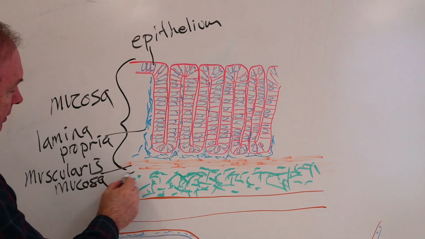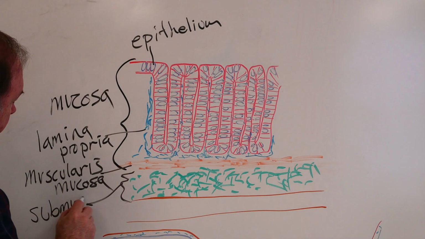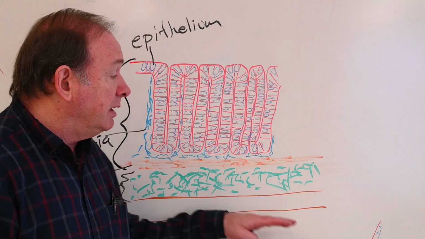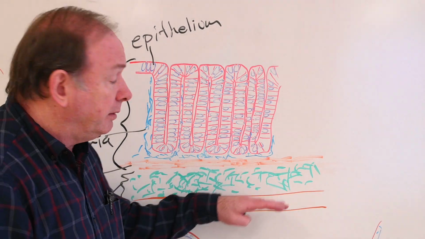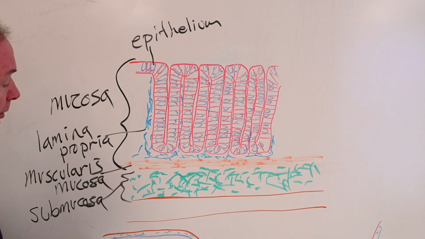The next layer right here is submucosa. Again, usually not much distinctive about that layer. In some places you may see a lymphatic nodule crop up.